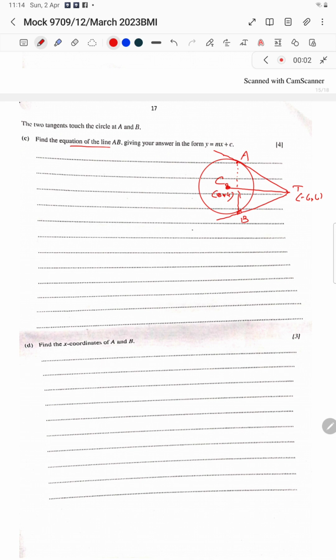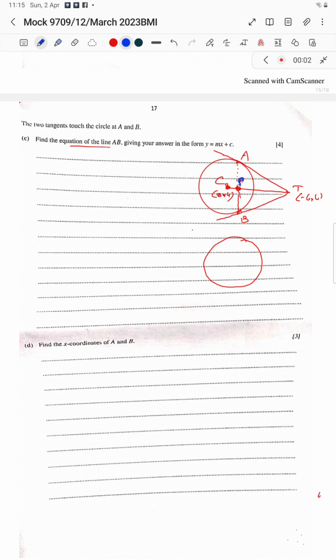So guys, with a critical analysis of this figure, you can see what we have done in the first part. If we can find this point, say this is point P, then we can find the equation of the line as well, because it is perpendicular to CT.